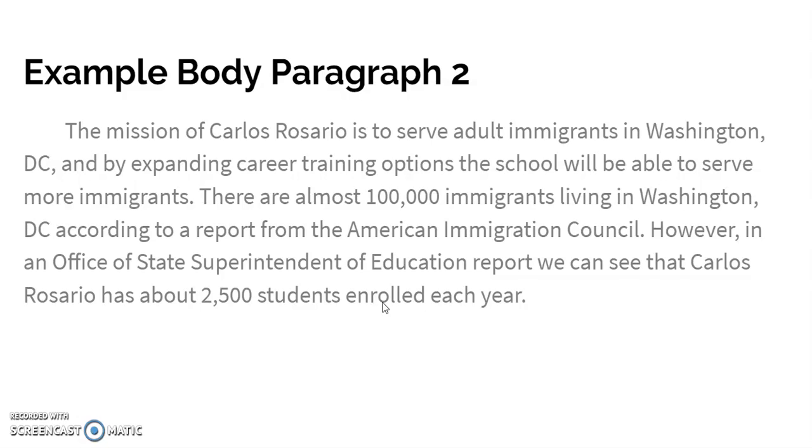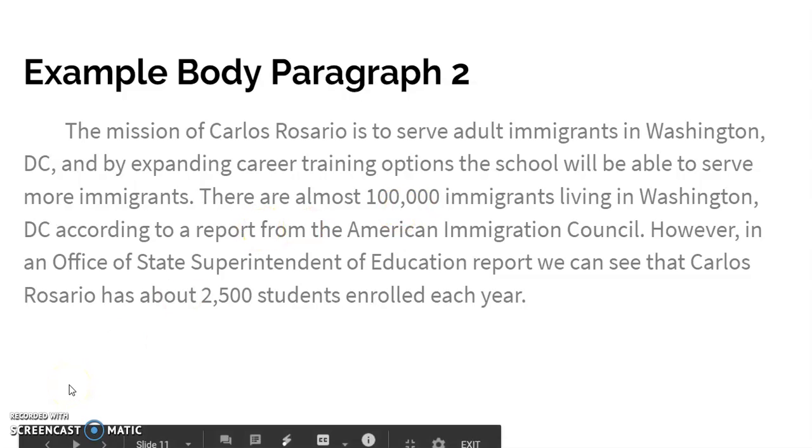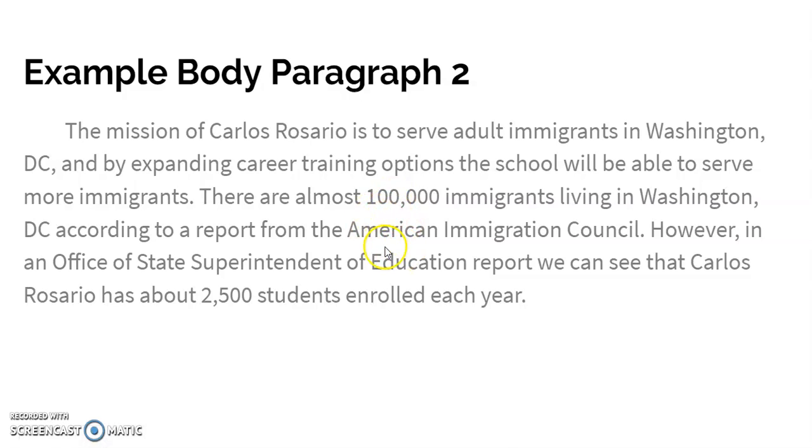So my evidence is 2 pieces of data, 2 numbers, and I give the source, "according to" and "in a report," to show where that information came from. I am not using quotation marks because I paraphrased. I gave this information in my own words. I am not quoting. Now I need the warrant to explain how this evidence supports my topic.